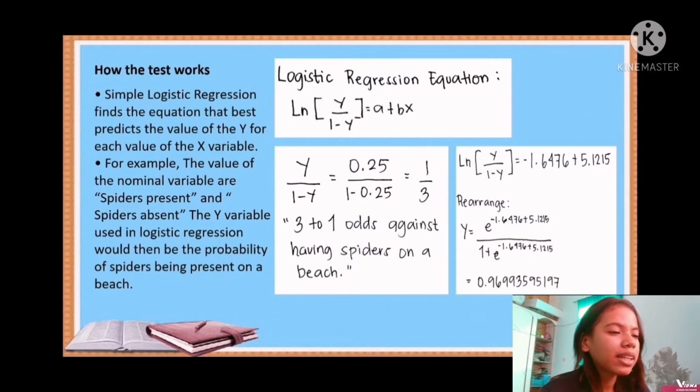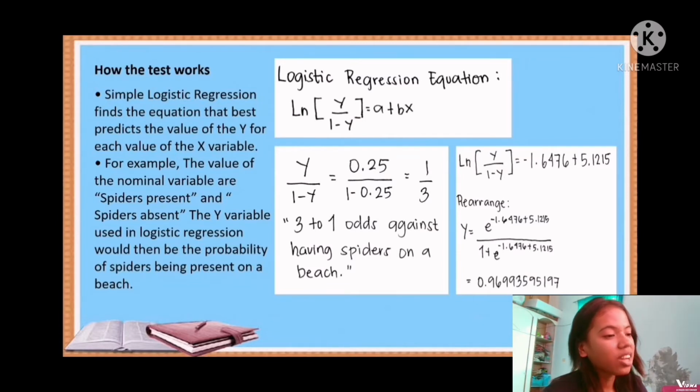If the probability of spiders on a beach is 0.25, the odds of having spiders are 0.25 over 1 minus 0.25, which equals 1 over 3. In gambling terms, this would be expressed as 3 to 1 odds against having spiders on a beach.